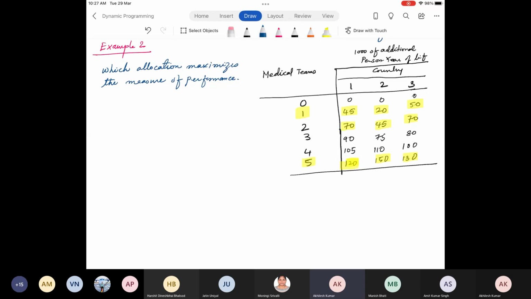First thing you need to understand: in the last example, we had a sequential decision. Here, there is no fixed sequence, but it is an interrelated decision. What do I mean by interrelated decision?